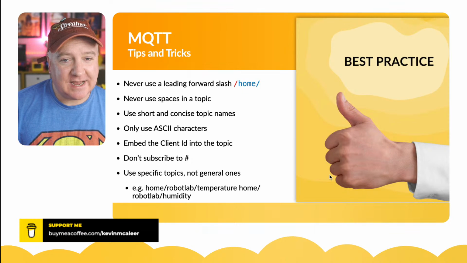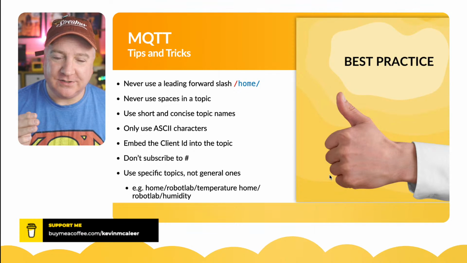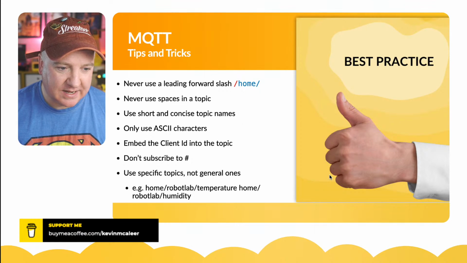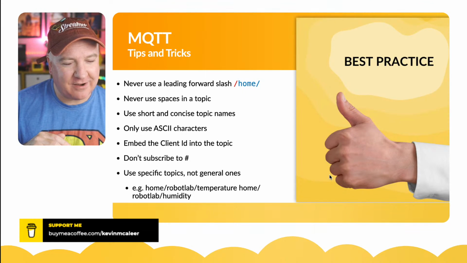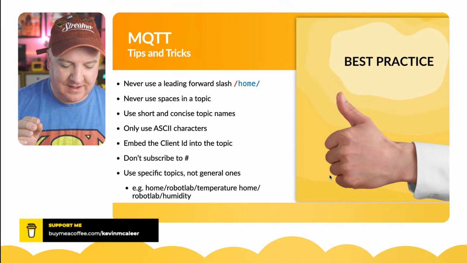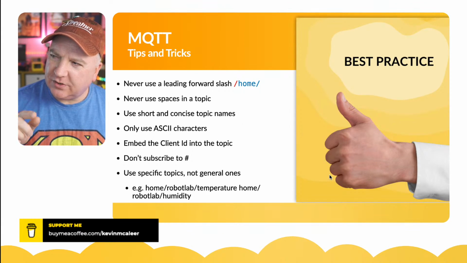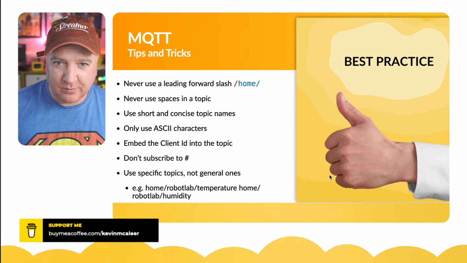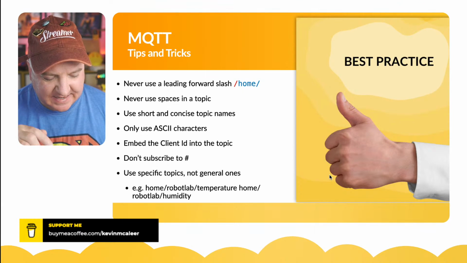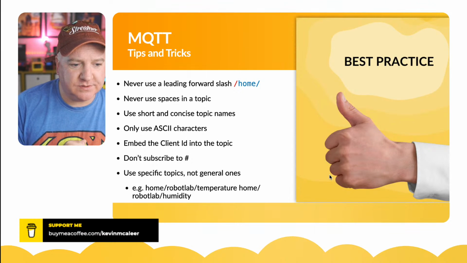So if you want to use ASCII characters, that's lowercase, uppercase letters, and numbers 0 to 9. You can have some other characters as well, but it's probably best to avoid things like dollars. Underscores are okay. Dollars you need to avoid because that has a special meaning within MQTT, and things like @ symbols and pound signs all have special meanings, so don't use any of those.